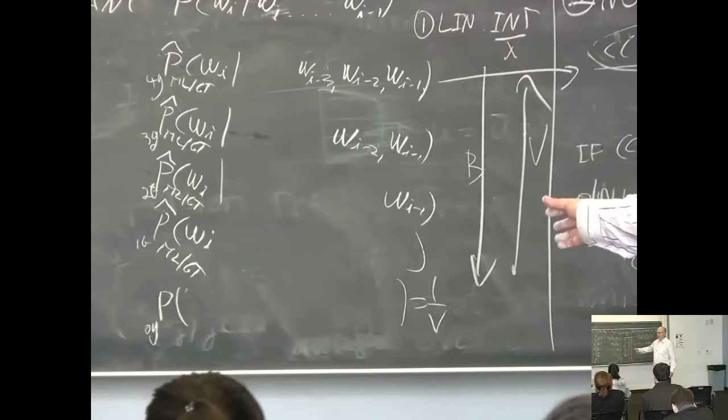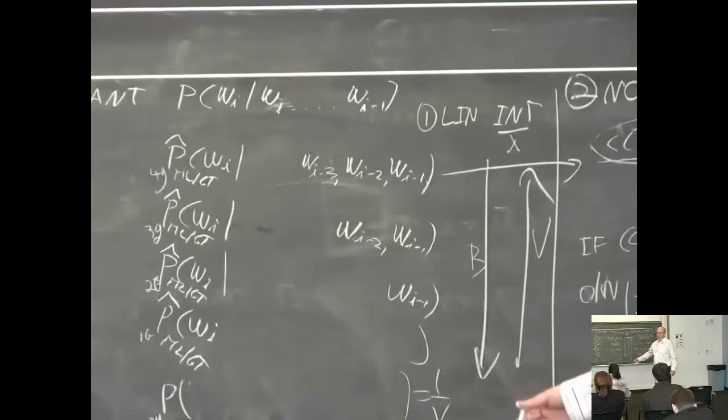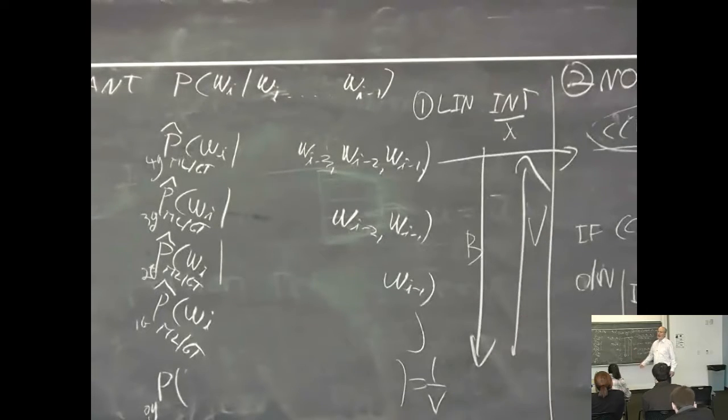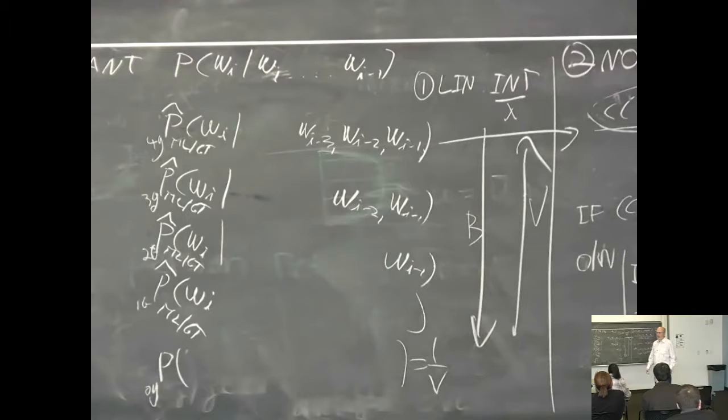This method is defined regardless of whether it's an n-gram. It could be some other hierarchical model. And in fact, it doesn't even have to be strictly hierarchical. You can use classes, you can use all sorts of things. And there's one detail that I'm hiding here, and you have to normalize things properly.